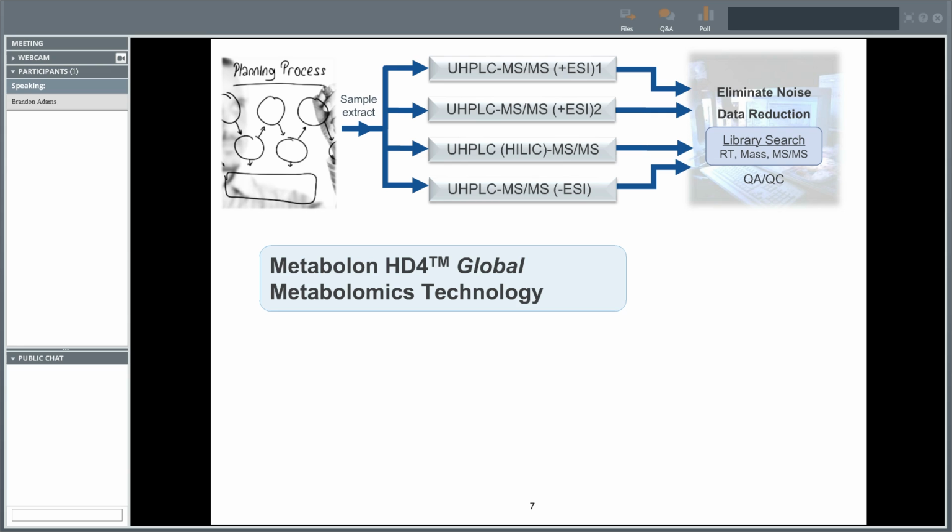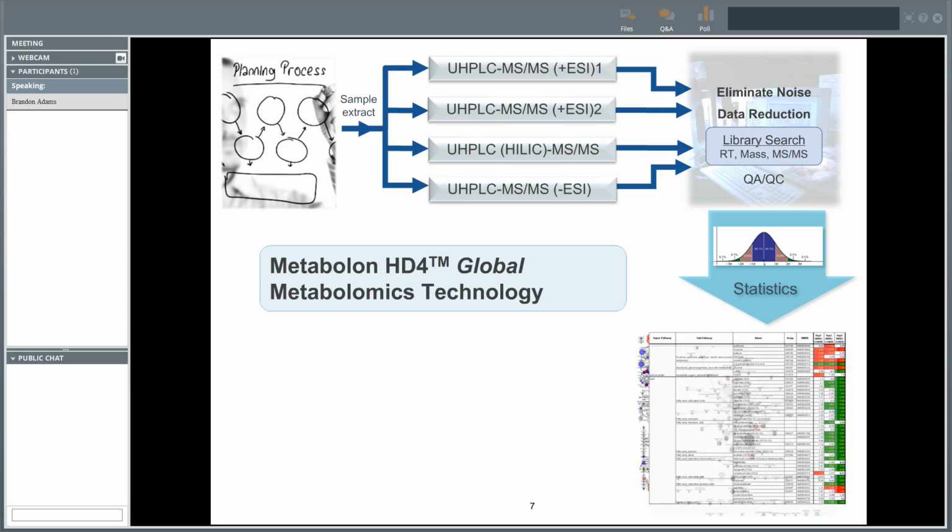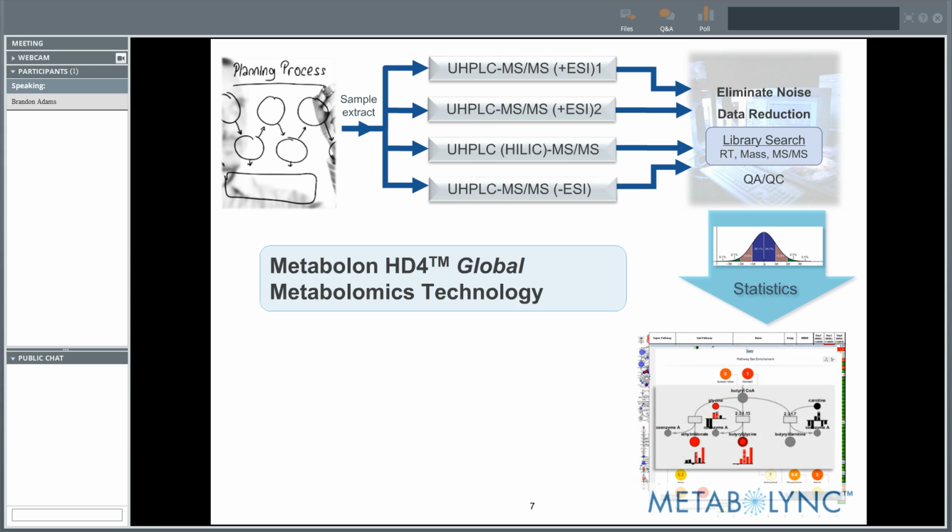And in fact, in the world of metabolomics, the use of 3 orthogonal signals to identify a metabolite is considered tier 1 identification, while other groups may only use 1 or 2 of those orthogonal signals. So once the list is generated, we then perform statistical analysis, and we understand what those metabolites do. We can classify them into super and sub pathways, and we can start to understand what metabolites or what pathways have been impacted by the experimental conditions.